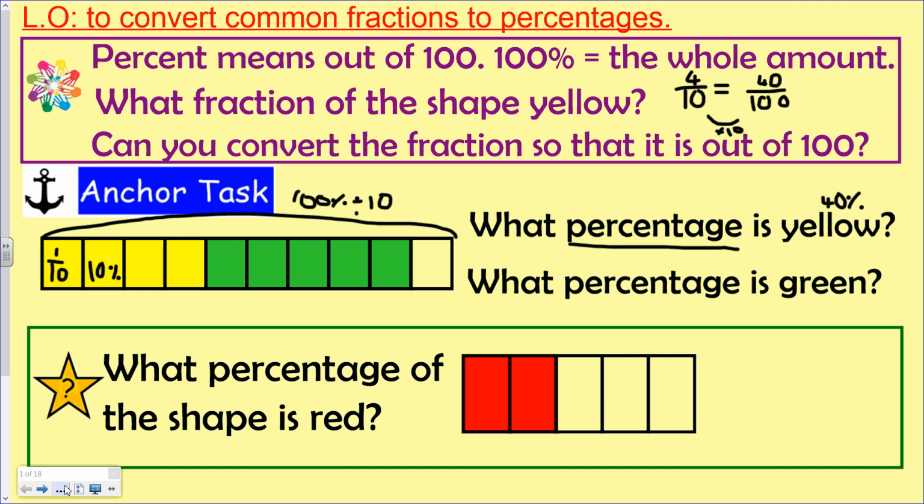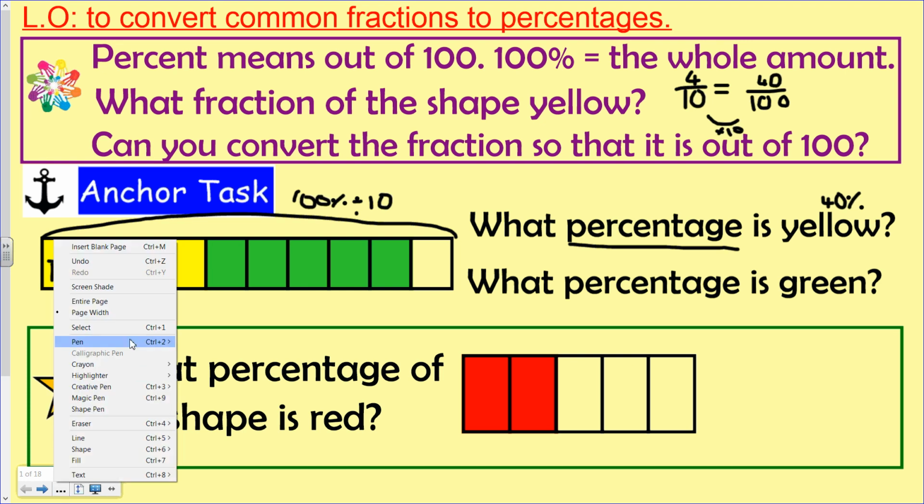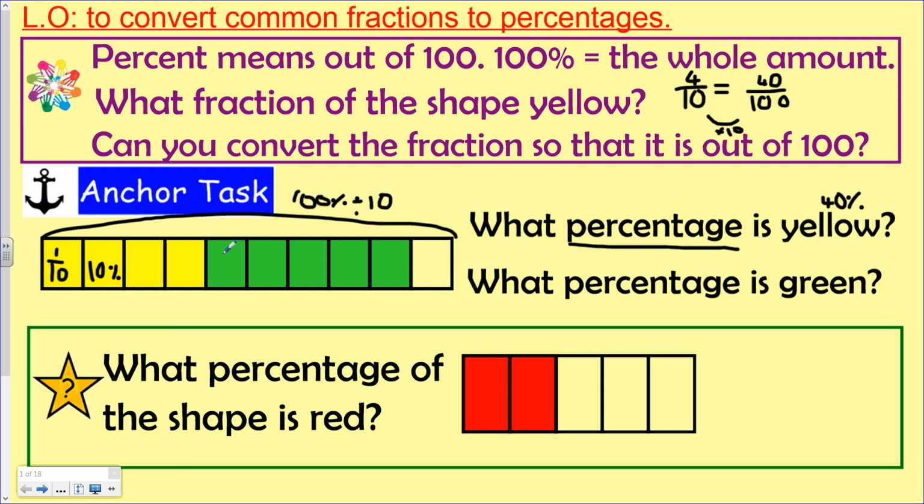The next question says, what percentage is green? Again, we know that each part is 1/10 or 10%. Some of you, I'm hoping, will be able to look at this and go 1, 2, 3, 4, 5. 5 equal bits are green.